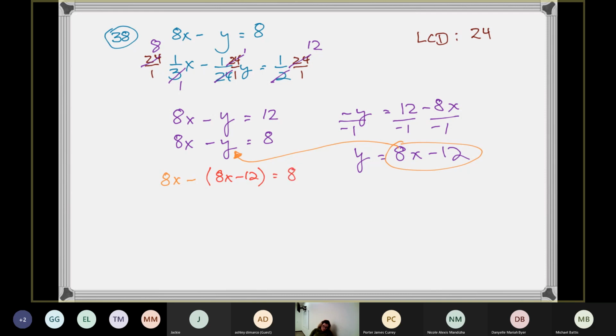Here you go. 8x minus 8x plus 12 equals 8. So I distribute the negative. The x's cancel out, and I have 12 equals 8 left, which again is a contradiction. And when you have a contradiction, that means there's no solution.